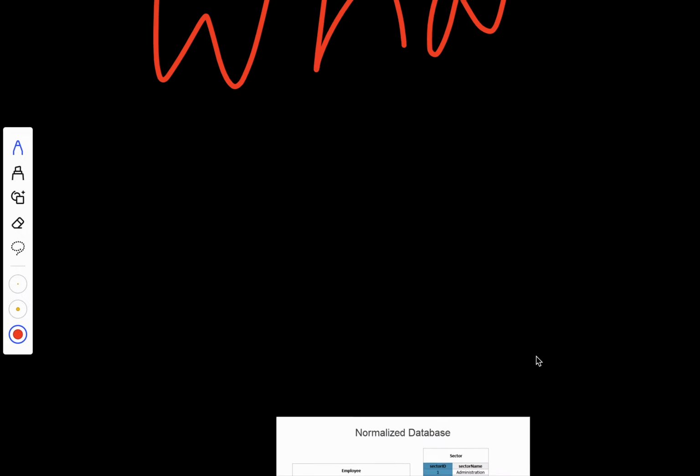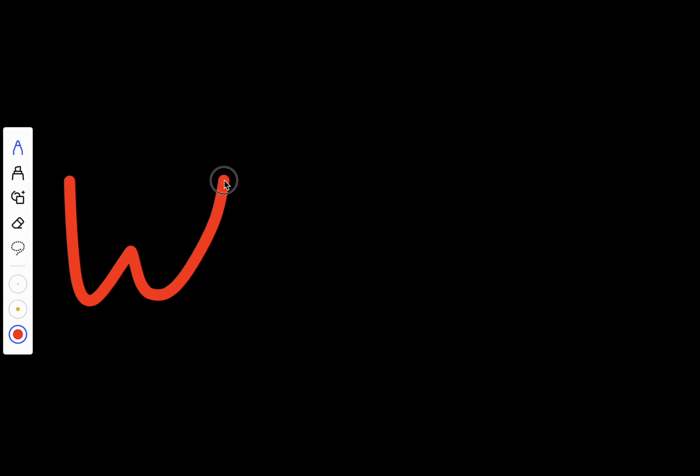Okay, but why is this important? Why normalization? Without normalization, you can run into data anomalies. Insertion anomalies, where you can't add a new record without adding unrelated data.